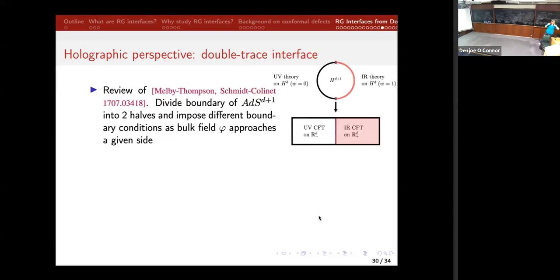And basically the idea of this Melby-Thompson-Schmidt-Colinet paper was to divide AdS, or the Euclidean version, which is H^(D+1), into two halves, and enforce different boundary conditions for each of those halves.